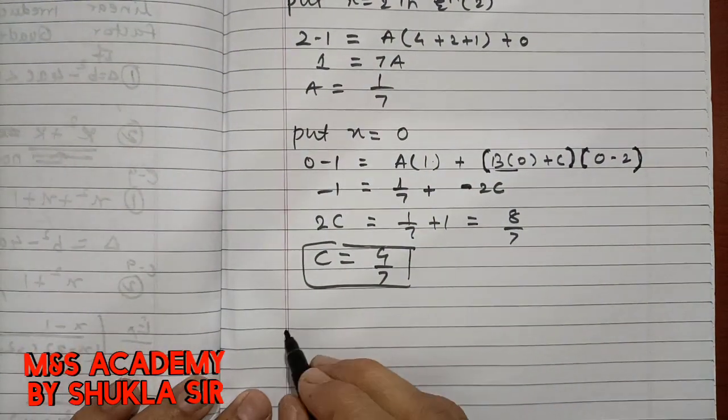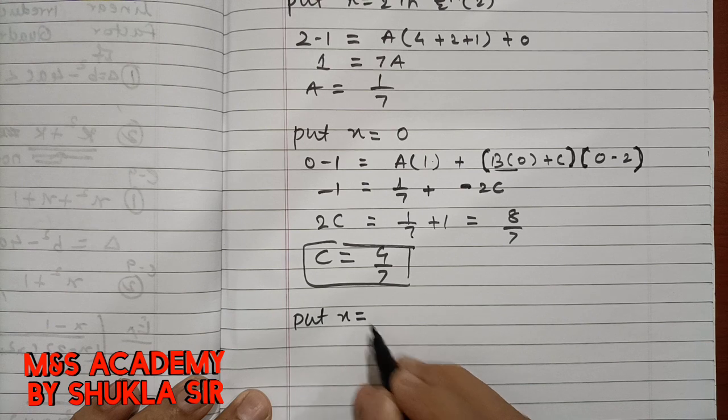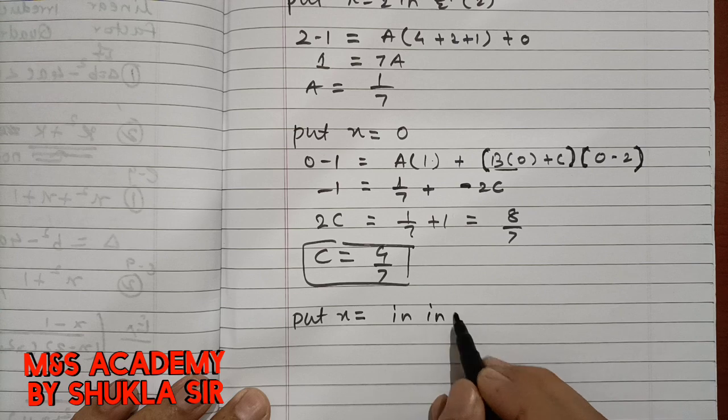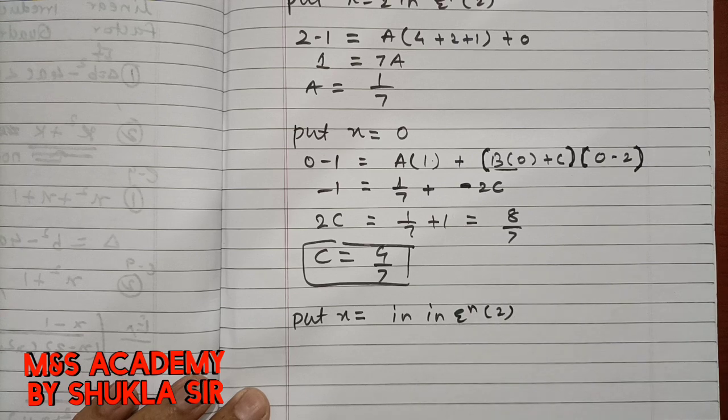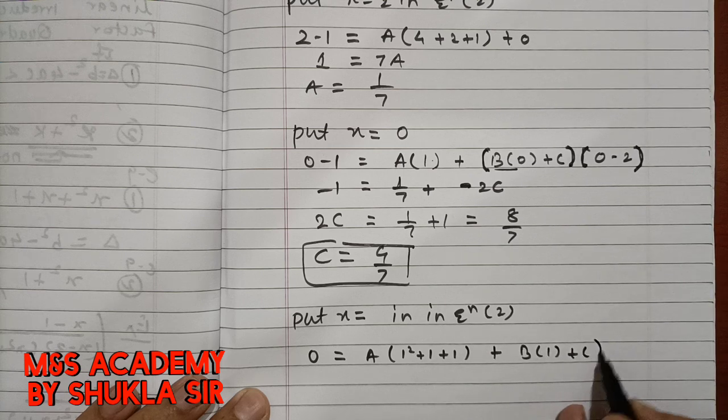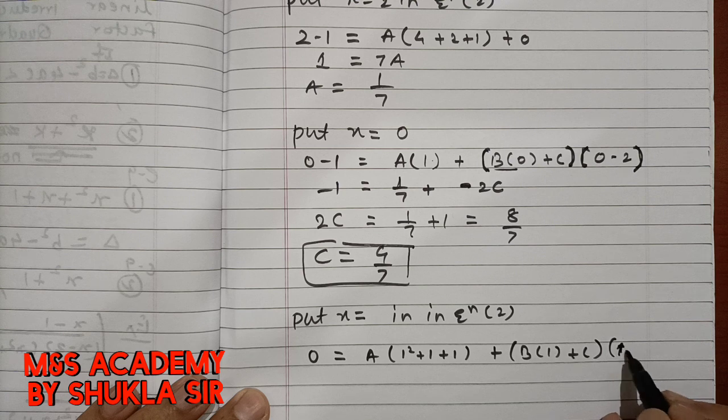Next, put x is equal to 1 in equation 2. So 1 minus 1 is equal to 0. A times 1 cos square is 1, plus 1, so 1 cos square plus 1 plus 1, plus b times 1 plus c in a bracket and 1 minus 2.